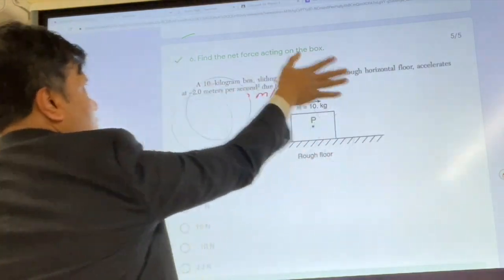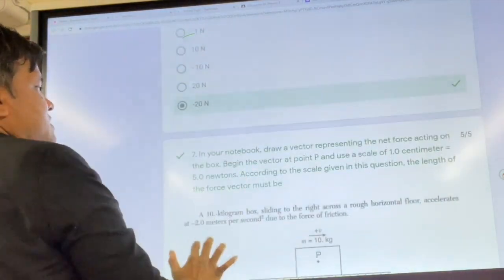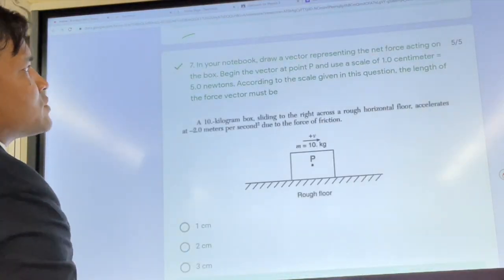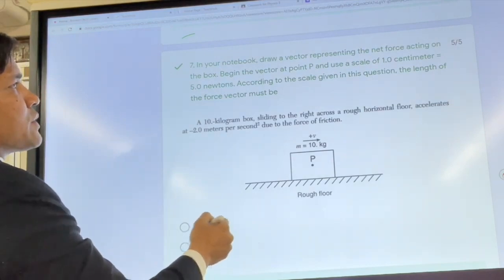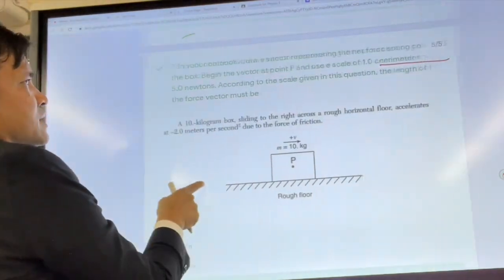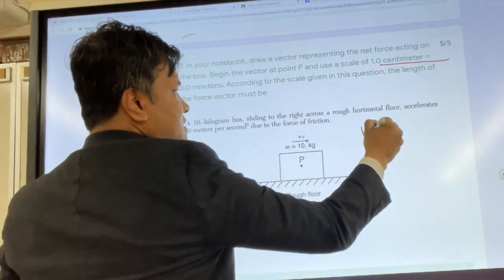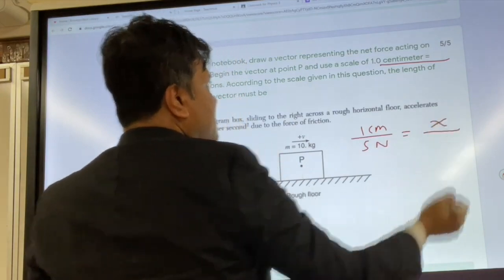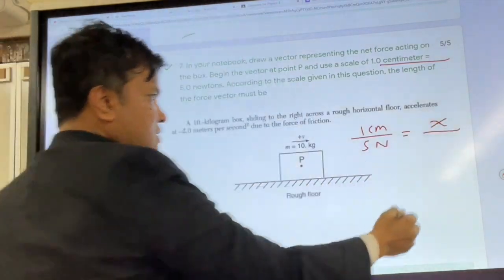Now we're going to head to problem number 7. We have to draw a vector. 1 centimeter is equal to 5 Newton. Then how many centimeters is equal to 20 Newton?